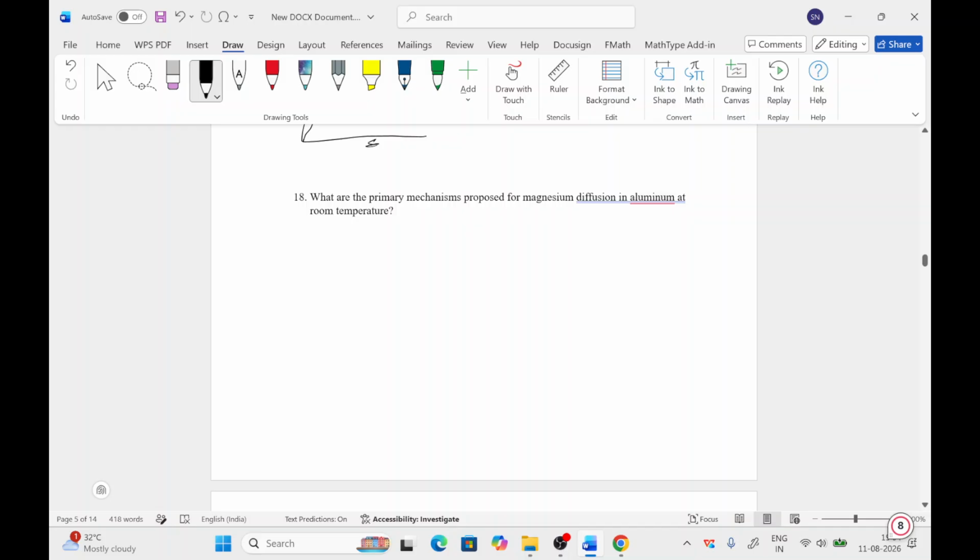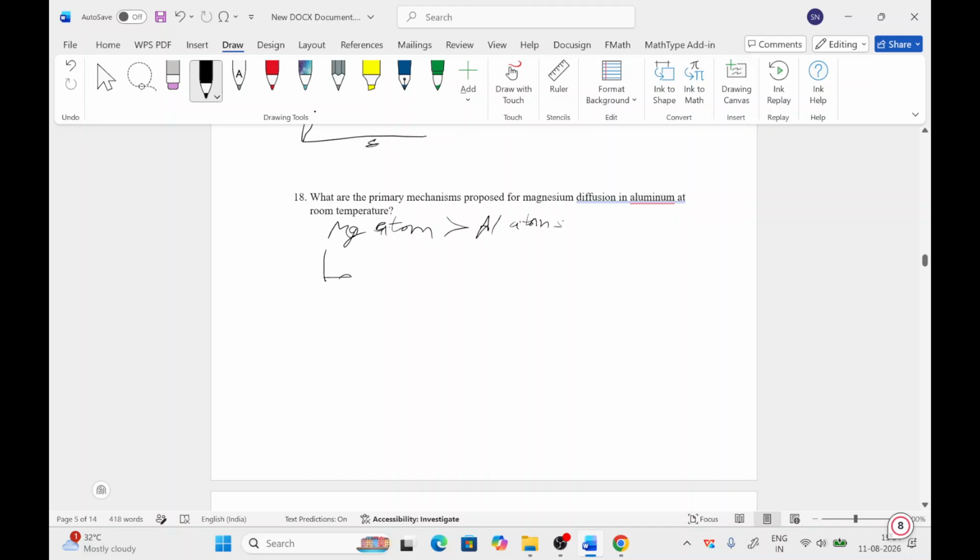But how does this magnesium diffusion occur in aluminum alloys? The magnesium atom is larger than the aluminum atom, and because it is large, it wants to go below the dislocation plane.